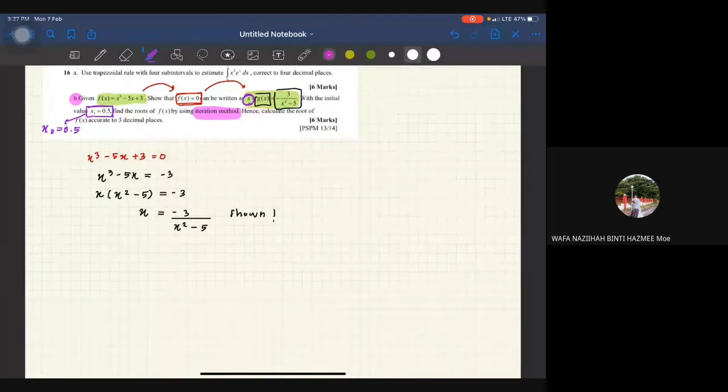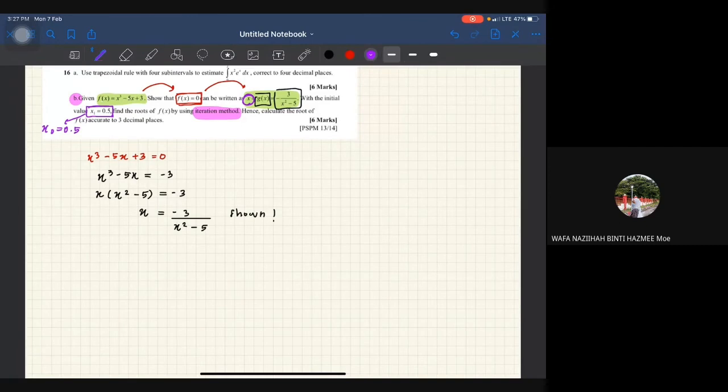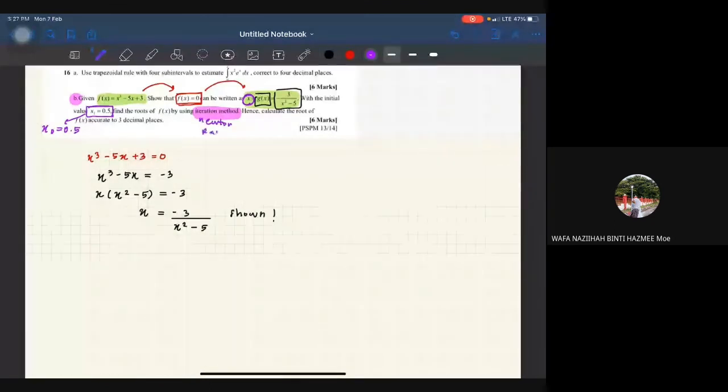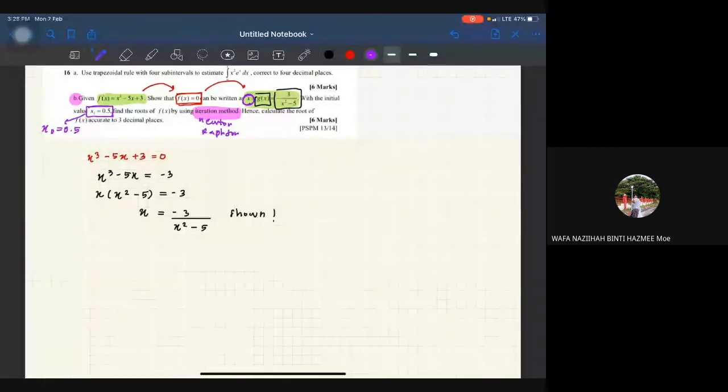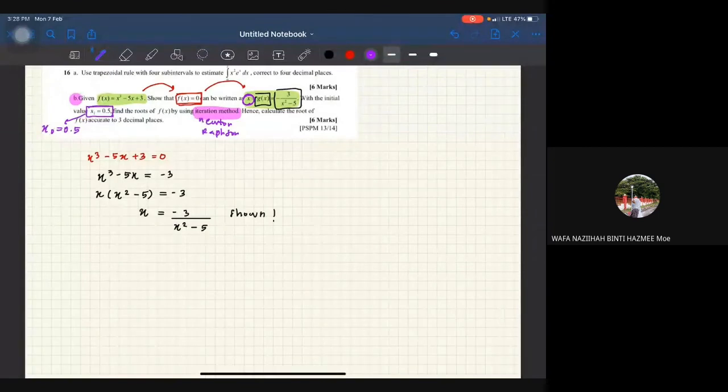What method is actually iteration method? Someone, anyone. 3.2 nama dia apa? Newton-Raphson, exactly. Good job. Thank you, Jeremy. So iteration method, it comes from Newton-Raphson. Soalan minta kita cari roots of fx by using Newton-Raphson method.